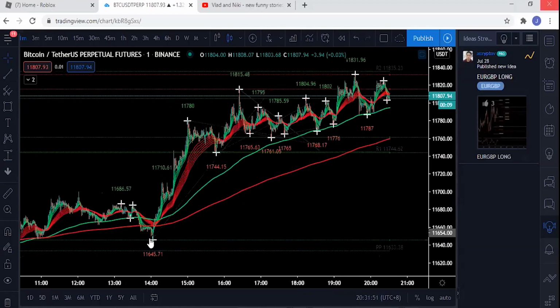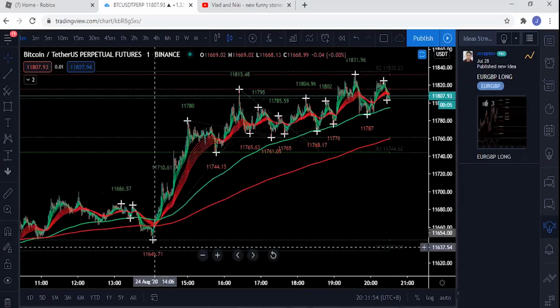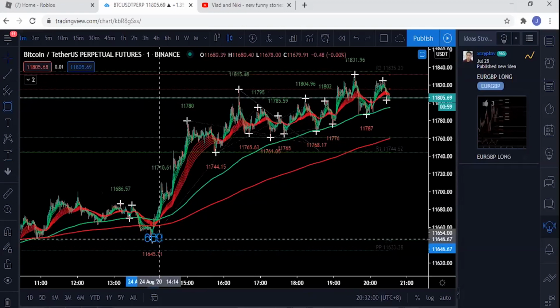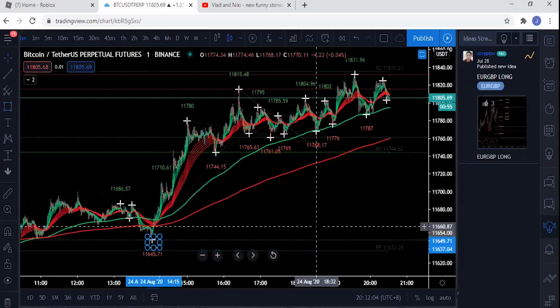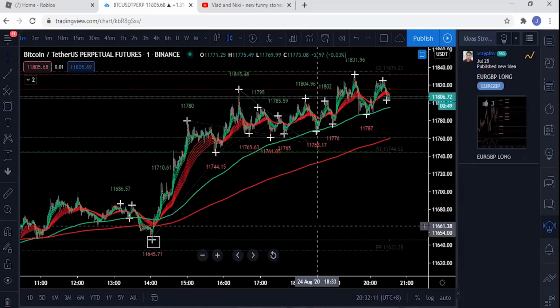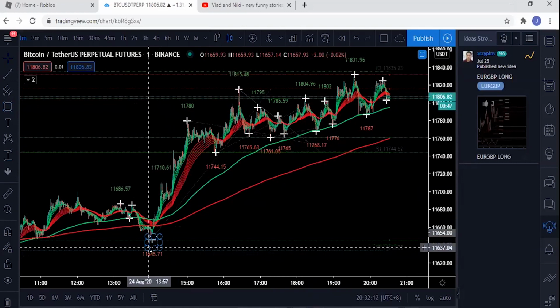When you see a cross, it means there is a reversal in our market. A cross means you are good to enter the market. So what is your confirmation now that you are going to enter? Okay, this is a bottom.